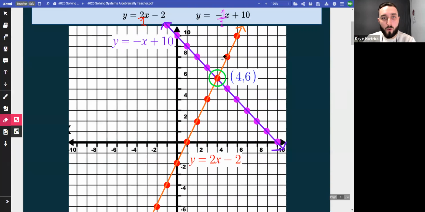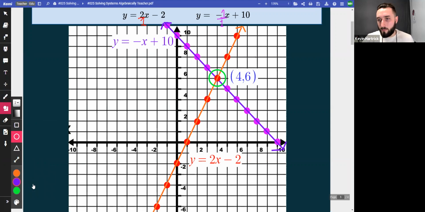Our point we know is 4, 6. So I need to find the x value where both of these lines intersect. Look at where x is. If I follow this line here, I'm at 0, 0. My x value is 1, 2, 3, and 4.